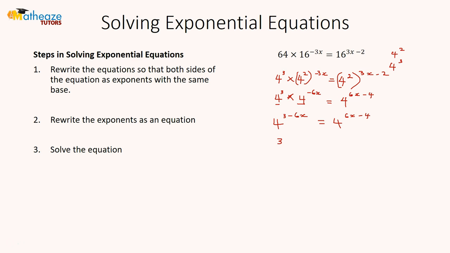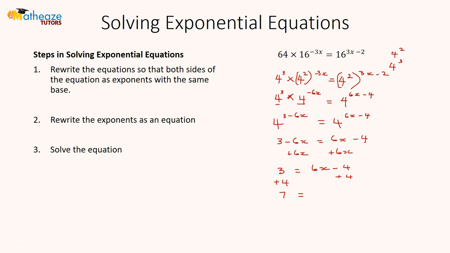Now we have the same base, so we're going to create an equation out of the exponents. We now have 3 minus 6x equal to 6x minus 4. Let's add 6x to both sides. So we have 3 is equal to 12x minus 4. Let's add 4 to both sides.